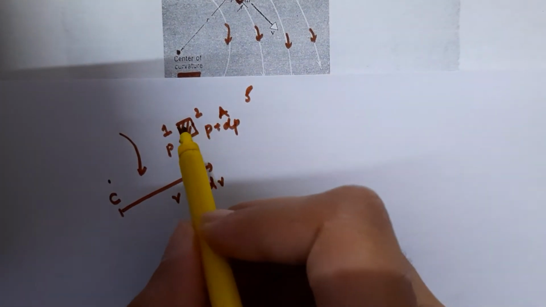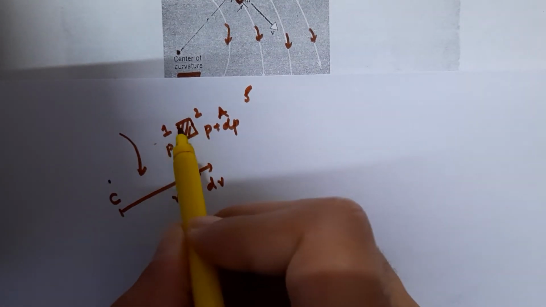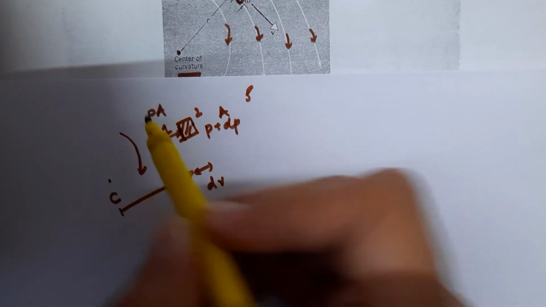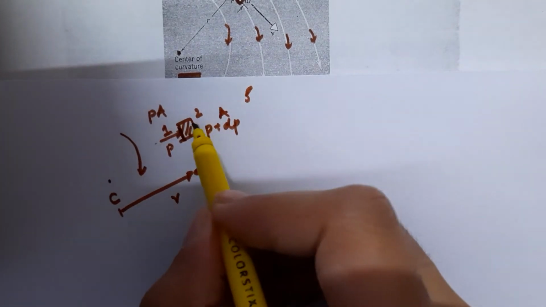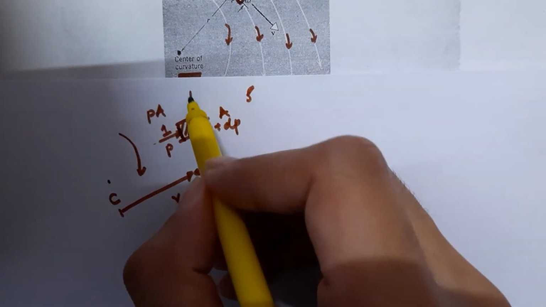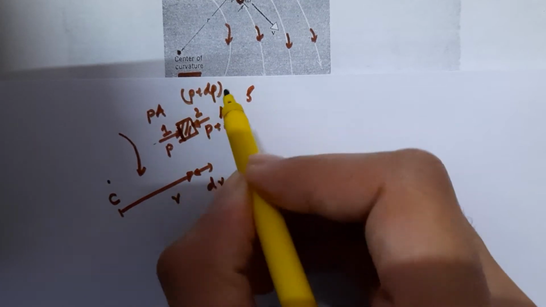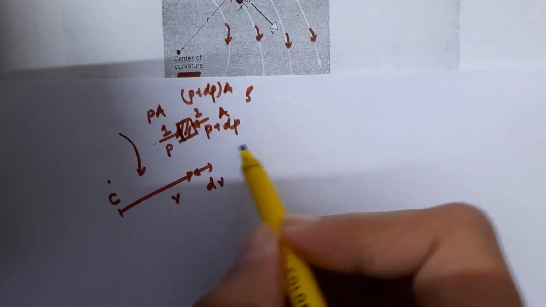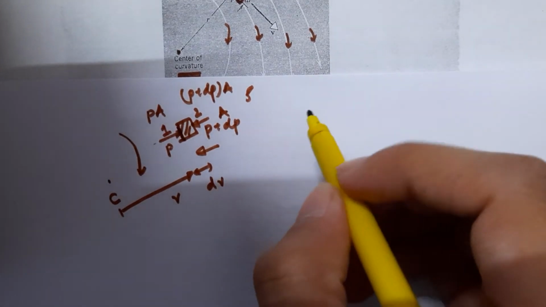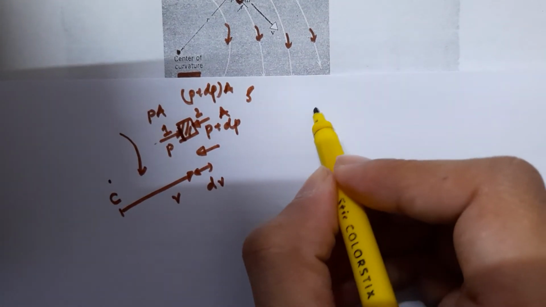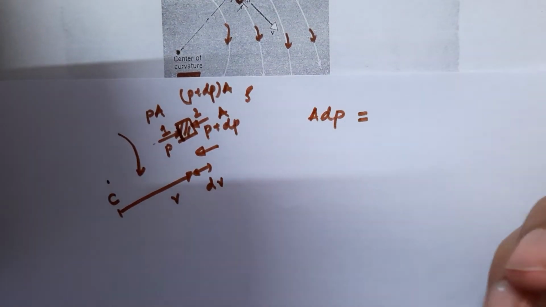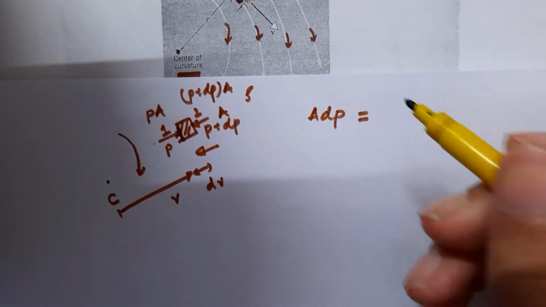Now apply the forces on this. There will be a pressure force here, that is PA, and a pressure force here, P plus dP times A. So the net force along the radius vector in that direction is equal to A dP, and that force must be equal to mv square by r.